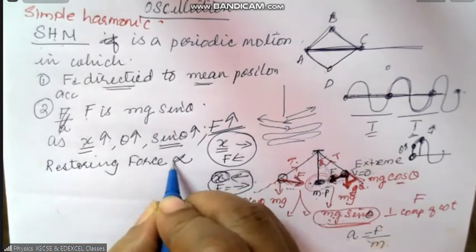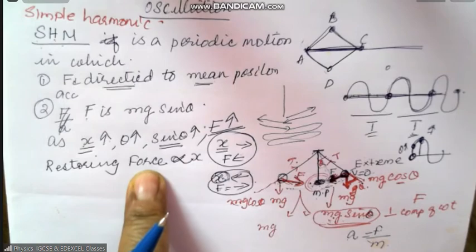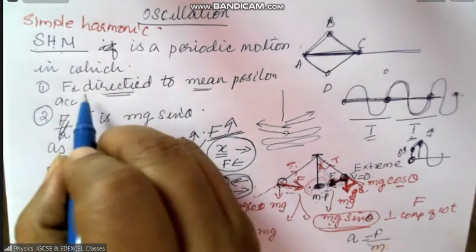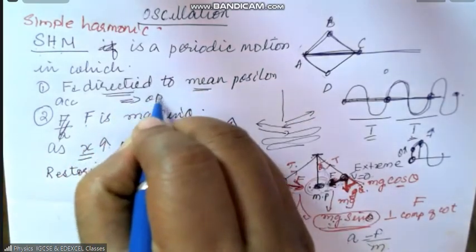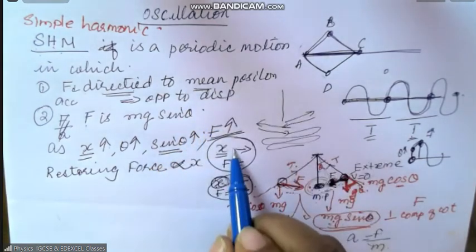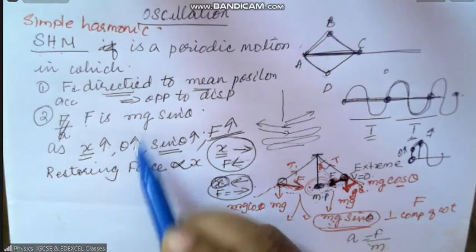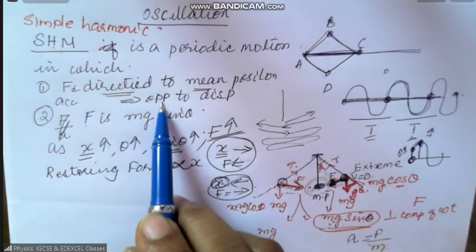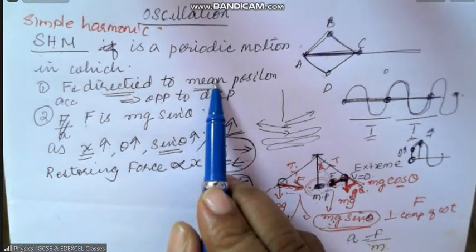The restoring force is directly proportional to displacement, and the force must be opposite to the displacement. The force must be directed to the mean position, that means opposite to displacement. If the displacement is this way, force is in the opposite direction. So there are two things. One, the force and acceleration are opposite in direction to displacement and always towards the mean position.